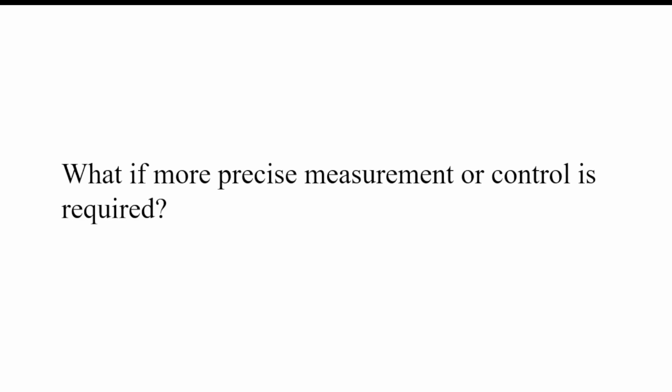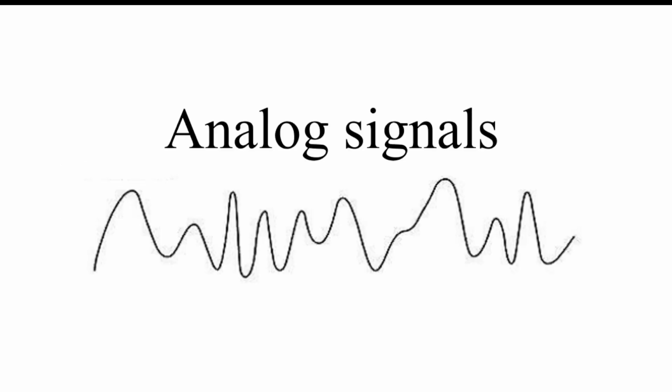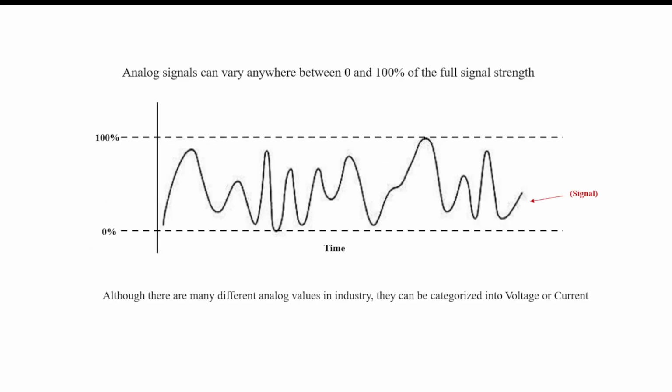Now, what if more precise measurement or control is required? That's where analog signals come in. Analog signals can vary anywhere between 0 and 100% of the full signal strength. Although there are many different analog values in industry, they can be categorized into voltage or current.